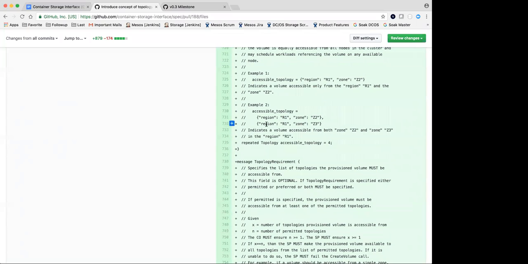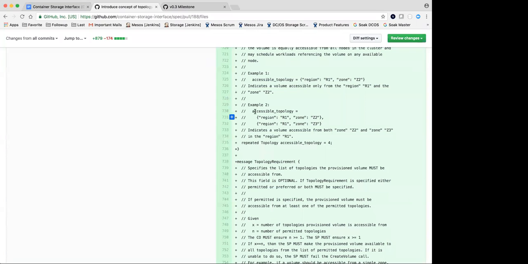If we are going to use it to ensure that the workload is scheduled to the correct node, we have to be able to basically do the comparison between the set of topology keys and values returned by the create volume response and what any given node has, right? Right, but then what I'm struggling with is this concept of delimiters and why the system needs to know that to accomplish that goal.